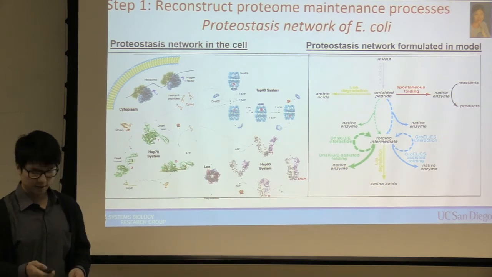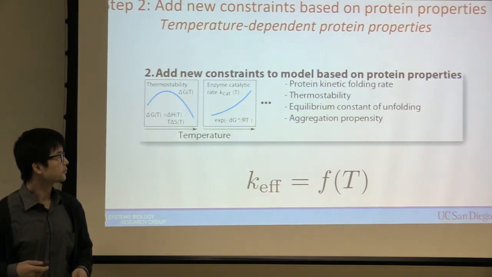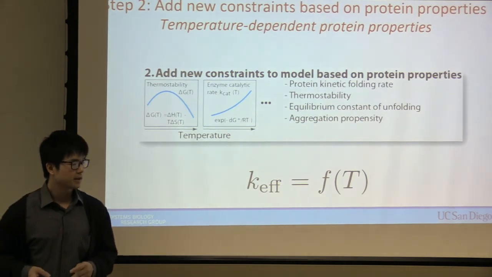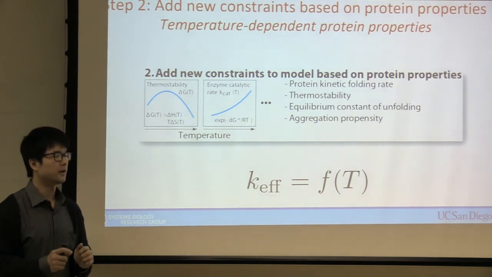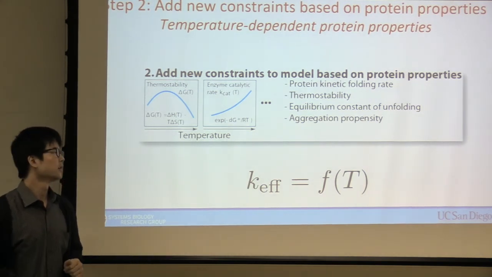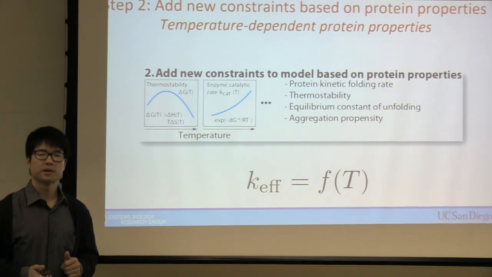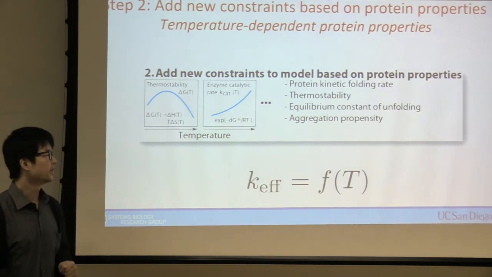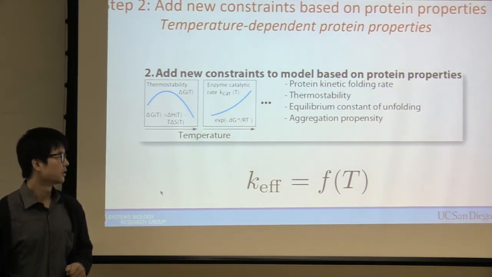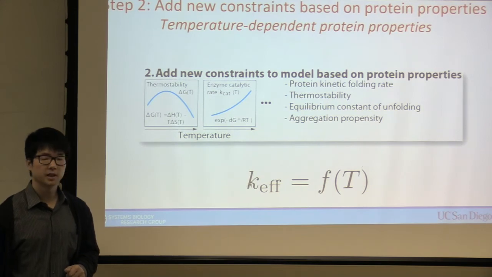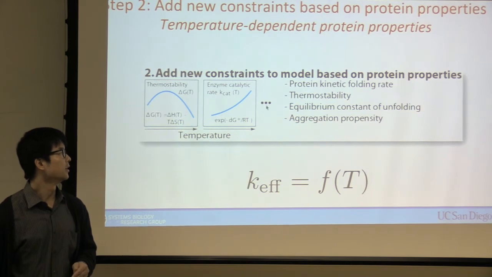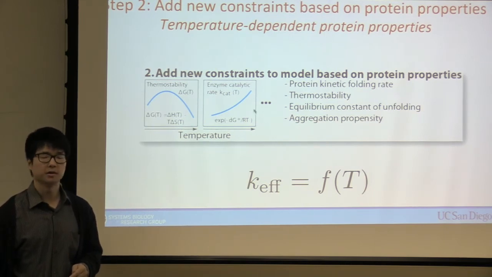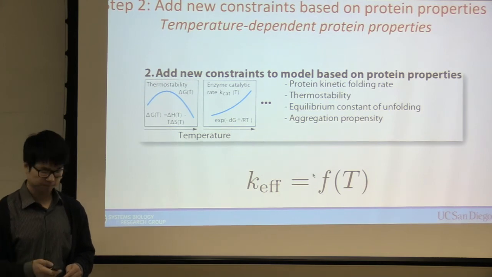And that's what we have here. And we can furthermore make these different properties of the proteins a function of temperature. The simplest one to look at is perhaps the catalytic efficiency being a function of temperature. So the k effective rate constant is some function of temperature, and we have a thermodynamic model to compute this, to formulate this function.